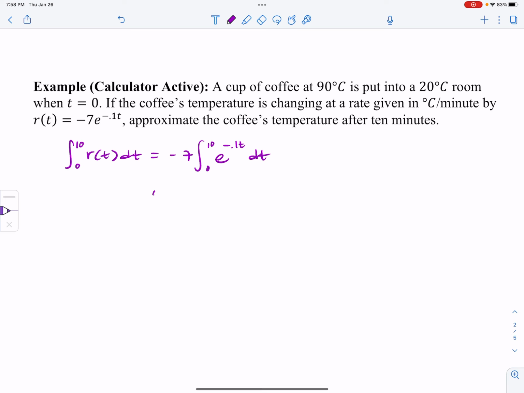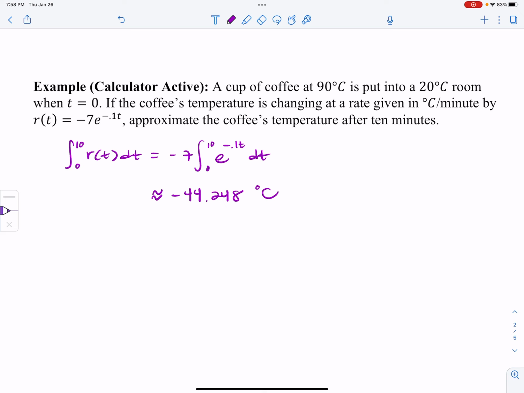Okay, so the approximation that I get is negative 44.248, and that would be degrees Celsius. That wouldn't be the temperature at the 10-minute mark.